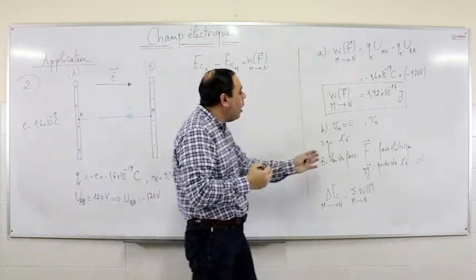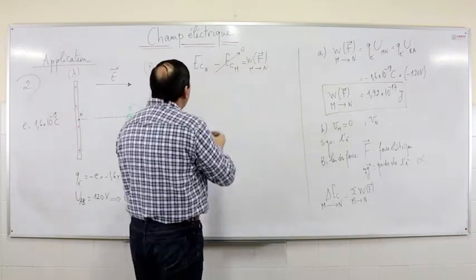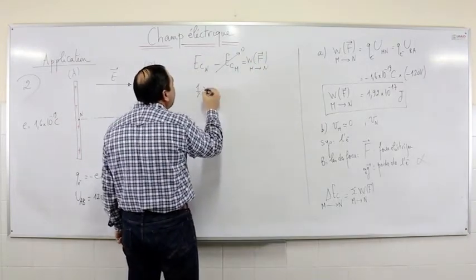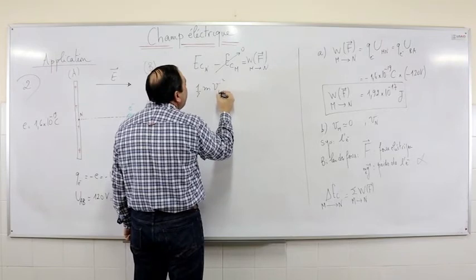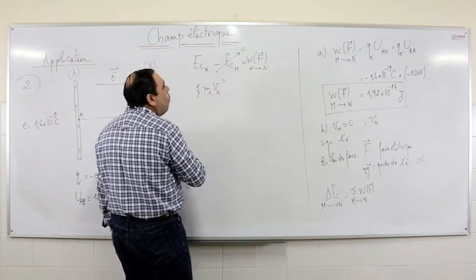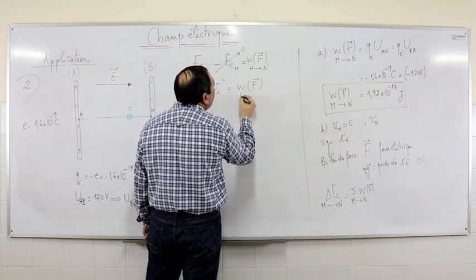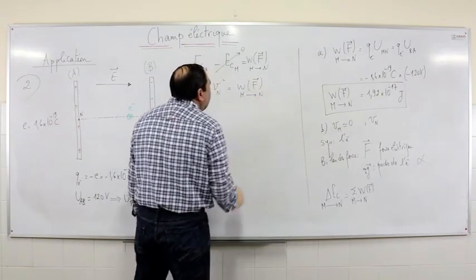The speed at M is 0. Hence, the kinetic energy at M is 0. The final kinetic energy is equal to half m of the electron multiplied by v squared at N. This is equal to the work of F from M to N.